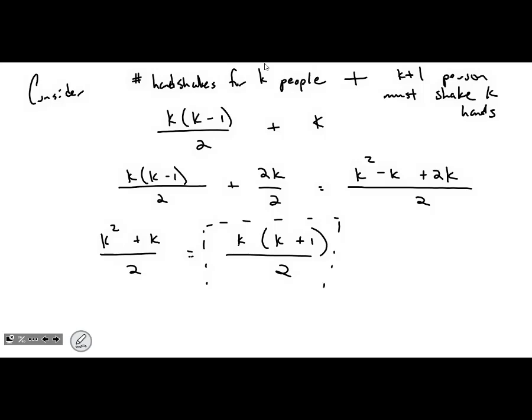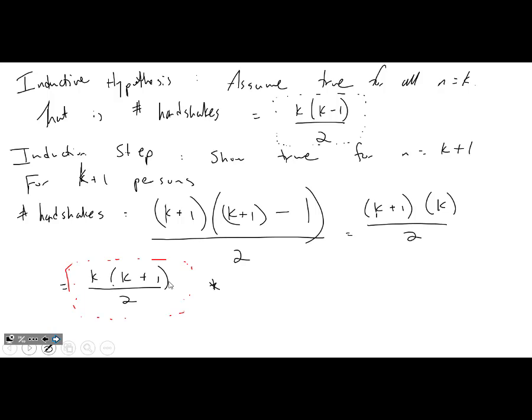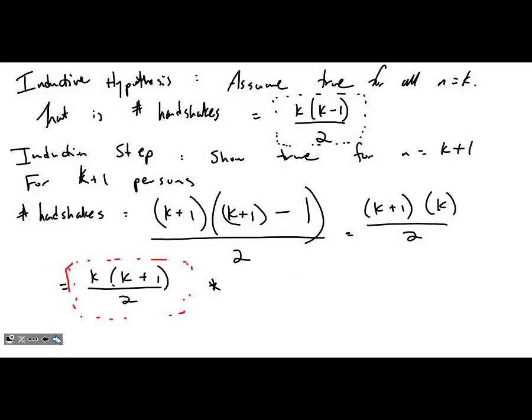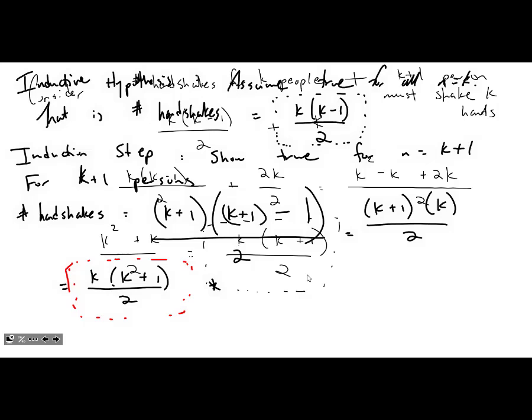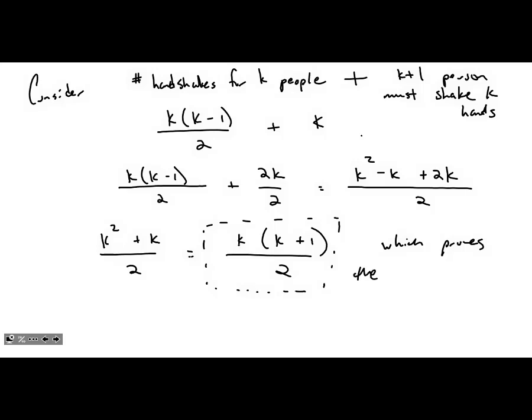Now, I told you to recall, or at least make a note, of what was in this red box, which in fact was what? k times k plus 1 over 2, which is exactly the number of handshakes that would be given for k plus 1 persons. So this proves the result. And so that's an introduction to mathematical induction.